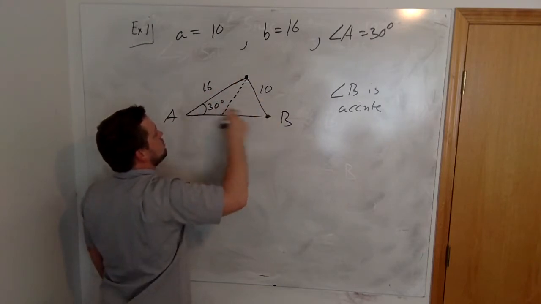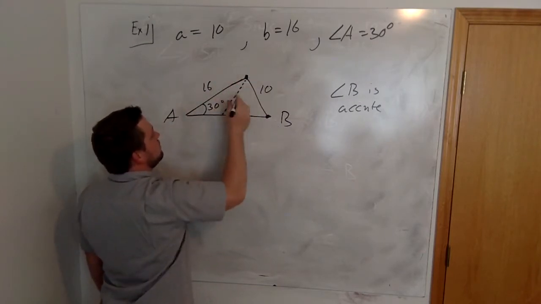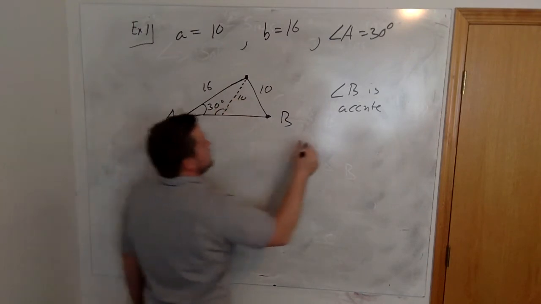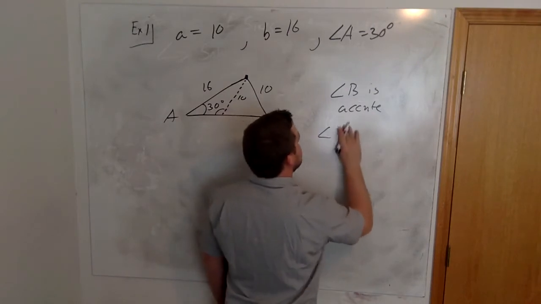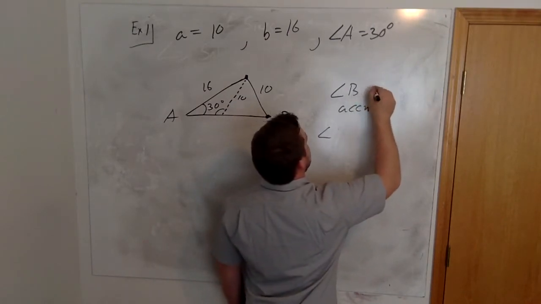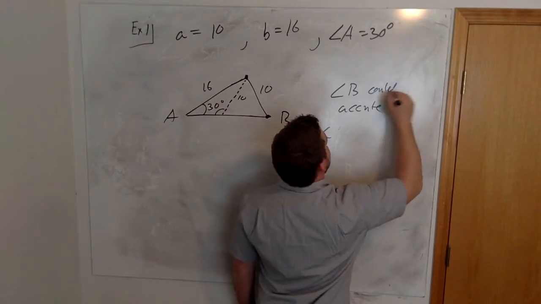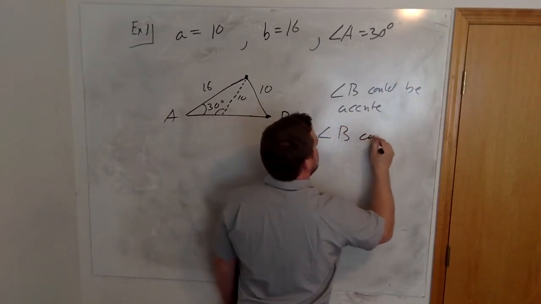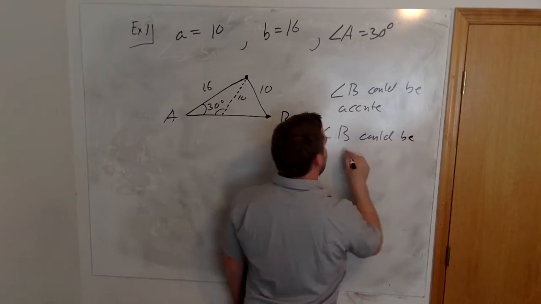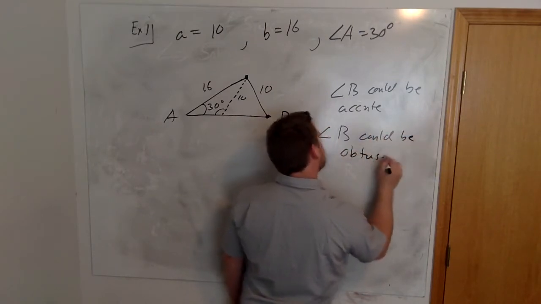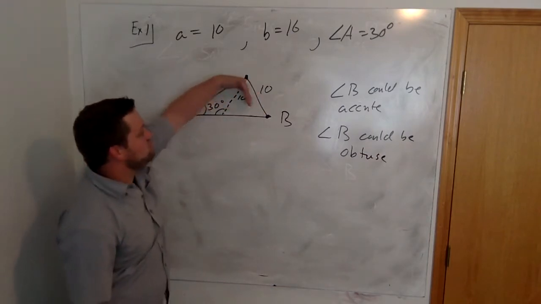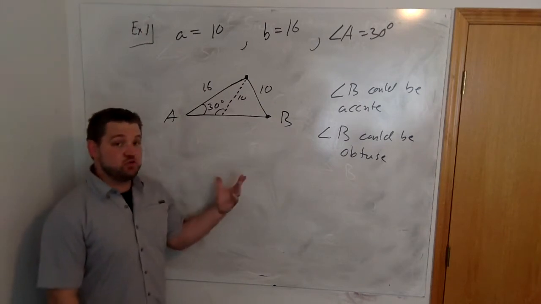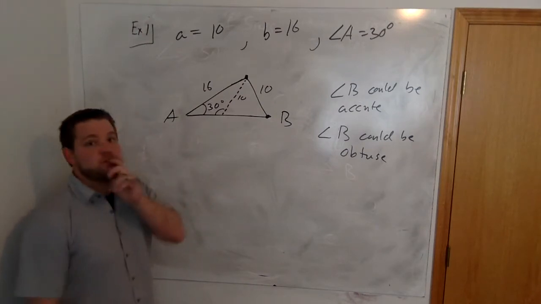So we could have this triangle where B is acute, but we could also have this angle here be B, and B could be acute, or B could be obtuse. So notice I don't necessarily know which triangle is going to work here. It could be either or. So we could possibly get two triangles in this situation, and we'll have to think about both of those.